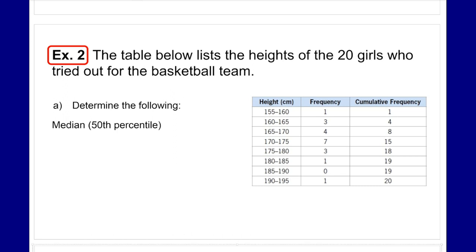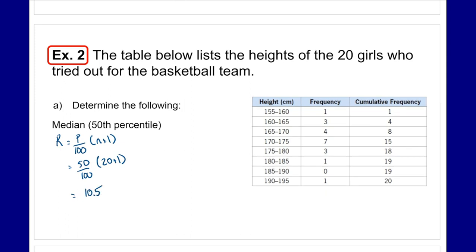Because it's the 50th percentile, we want to find the rank, or the position, of the 50th percentile. So we're going to use our formula: P divided by 100 times n plus 1. So 50 divided by 100 times 20 plus 1, we get 10.5.